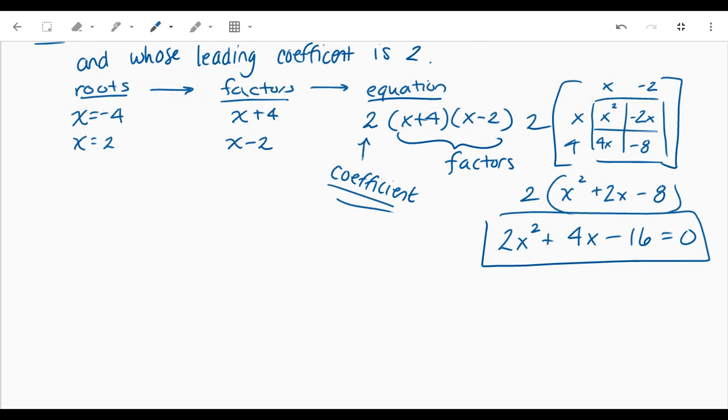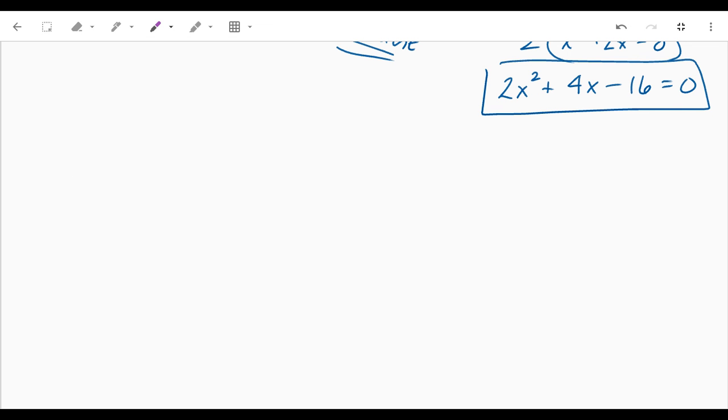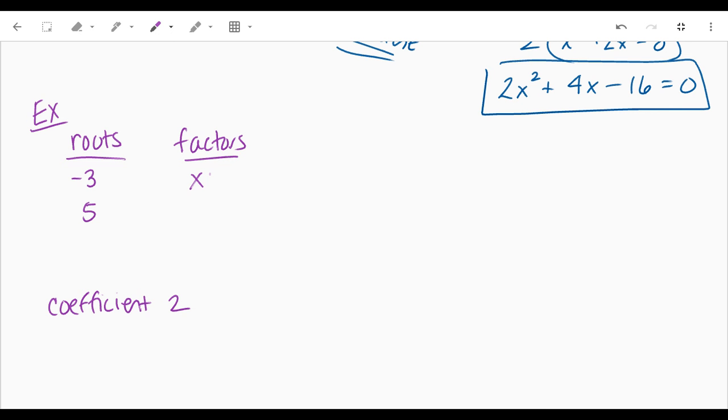So we can do another one like that. Write a quadratic equation whose roots are -3 and 5, and the coefficient that they give you in the problem is 2. Okay, so again, if they give you those roots, then your factors are x plus 3 and x minus 5.